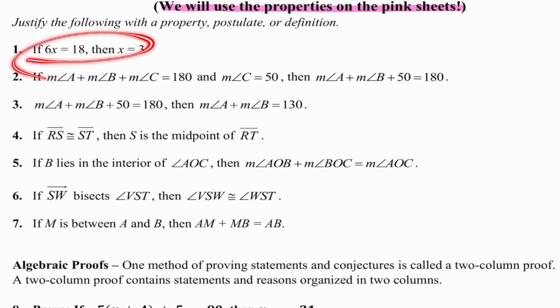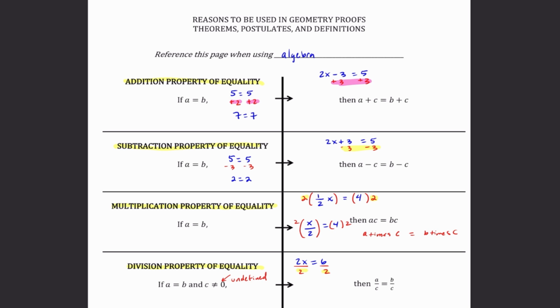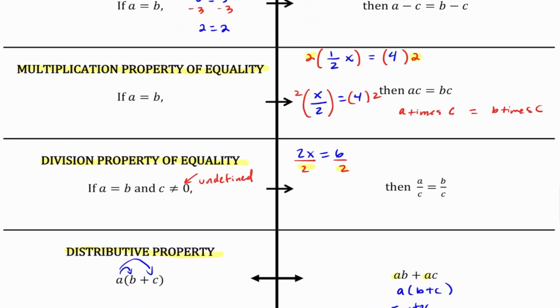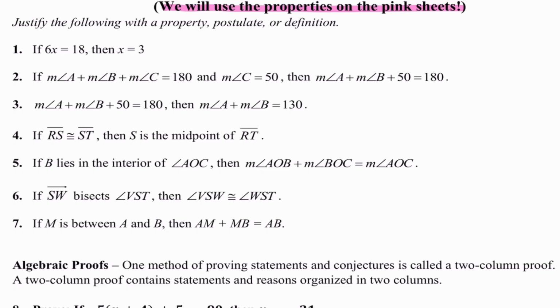This is our standard algebra problem, so I'm going to refer to my pink sheet and find something that will relate to that. The division property of equality, which states that if A equals B and C is not 0, then A divided by C is equal to B divided by C. So I need to divide both sides by 6 here.